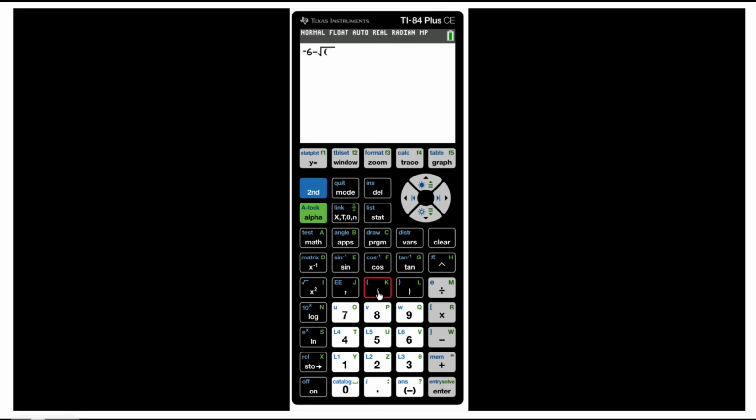We're going to have parentheses around our b squared, which is 6 squared, close parentheses, minus, open parentheses, we have 4 times a, which is 1, times c, which is negative 7, close parentheses, and another close parentheses around the whole numerator underneath this radical. Hit enter, and now we will have divided by 2 times a, which is 2 times 1, which is 2. Then we hit enter, and this answer is negative 7.